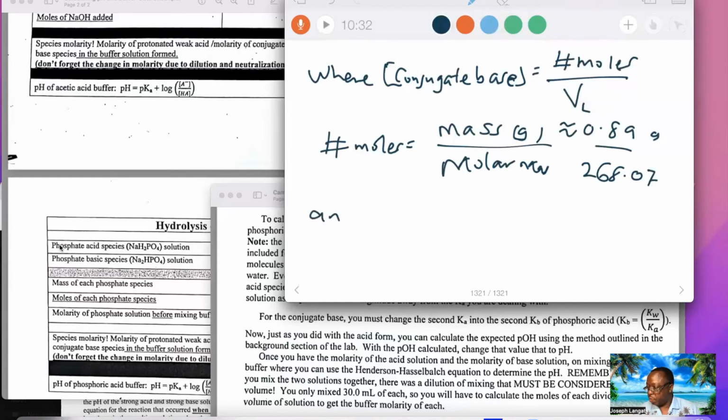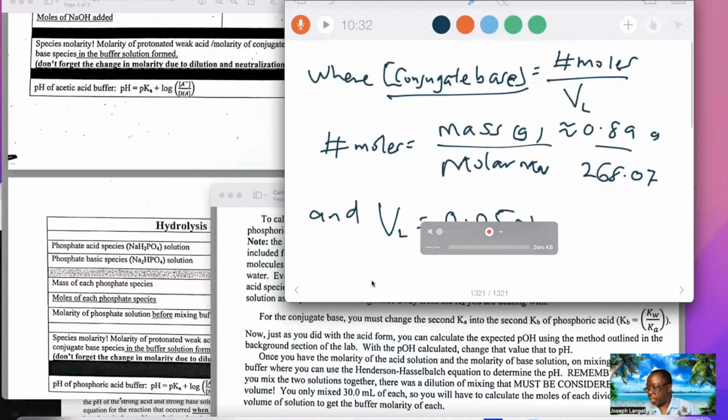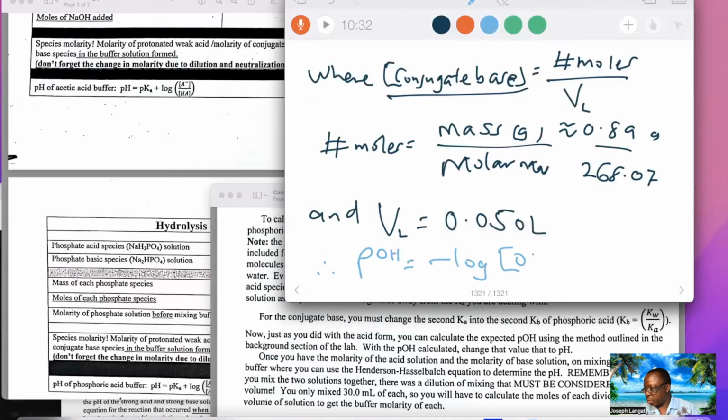Volume in liters is 0.050, since you dissolve in 50 ml. This will give you the concentration of the conjugate base, which you will use here, and then Kb is from here. Once you have that, therefore, pOH equals negative log of hydroxide concentration.